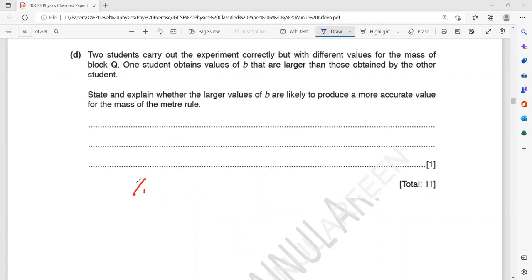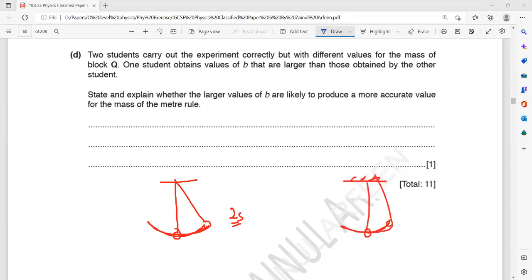The concept of percentage uncertainty is the uncertainty divided by the value recorded, times 100. When using the same instrument, say a stopwatch, if I measure the time for one oscillation, say 2 seconds, and the time for 20 oscillations, say 20 seconds, I am more likely to have an error in the 2 seconds because I'm measuring a smaller value. So the percentage uncertainty will be high.